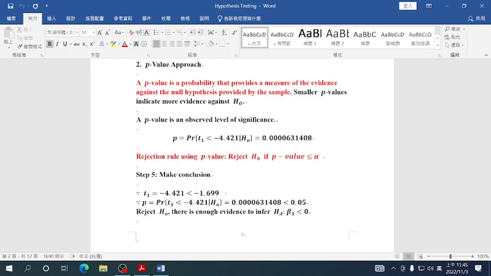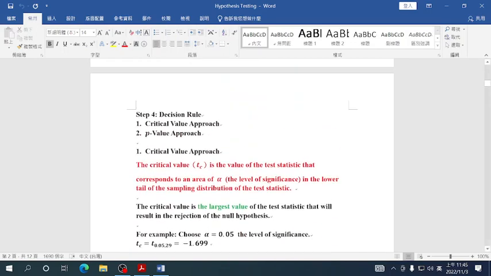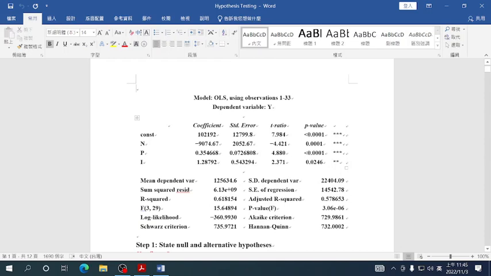So the probability of T1 less than this part is what we call the p-value. And according to the output, we don't have to calculate the p-value by ourselves. The output already tells you this is the p-value. So we don't have to check the critical value if you use the p-value approach, because the computer output provides a p-value. So in this case, how do you compare the p-value with?